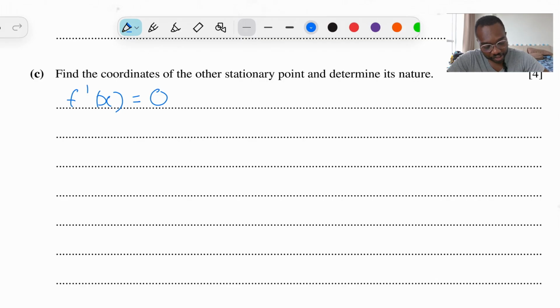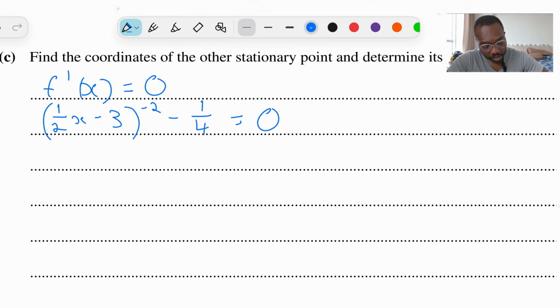And for us, f'(x) was a half x minus 3 to the power of minus 2 minus a quarter, and that was equal to 0. And what they're saying is that we should get two values for x when we do this. One of them should be 2, which we already know, and the other value will be the other stationary point value, and then just determine its nature. So determine if it's a minimum or a maximum, okay?